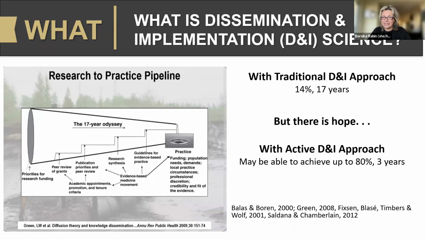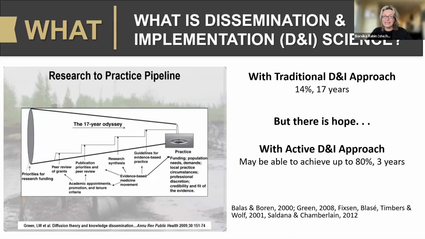of evidence into practice. And when we look at newer research on these numbers, for example in cancer prevention and control, the numbers have not improved much since the first publication of this article in 2000. So we are still taking a long, long time to get very little evidence into practice. All of those dollars that are spent on research are not being turned into benefit for the community, the population, locally, nationally, and globally.